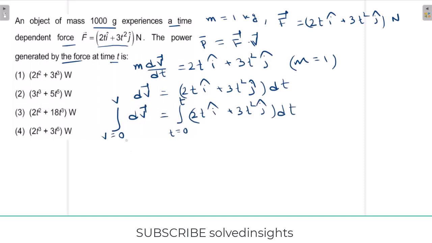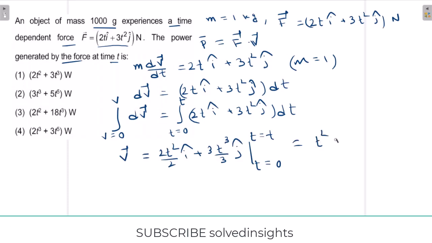So v is equal to 2t square by 2 i cap plus 3t cube by 3 j cap. Now put the limits 0 to t. If we put the limits, it becomes t square i cap plus t cube j cap. So we get the velocity.